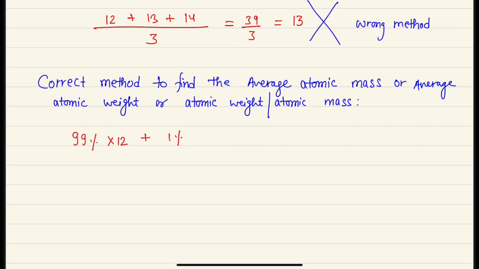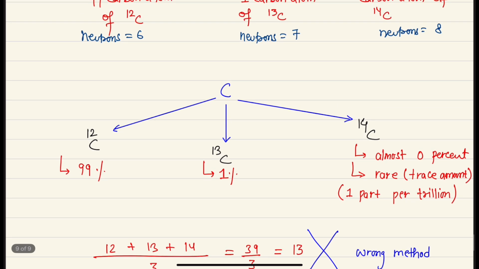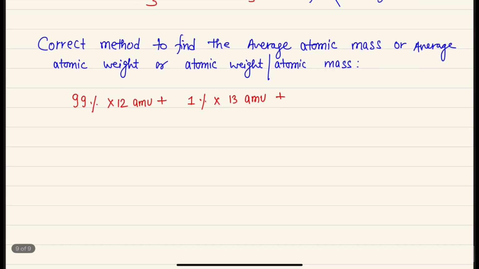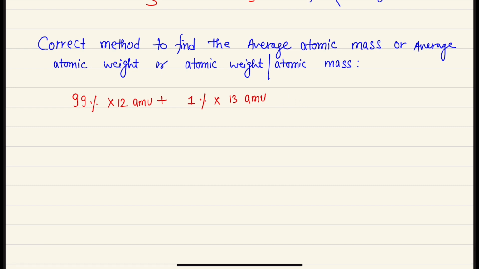So 1% into 13 AMU. Write the unit AMU here also. Plus this C14, it is almost 0%, and the mass number is 14. Be careful, these are the mass numbers. So 0% into 14 AMU.